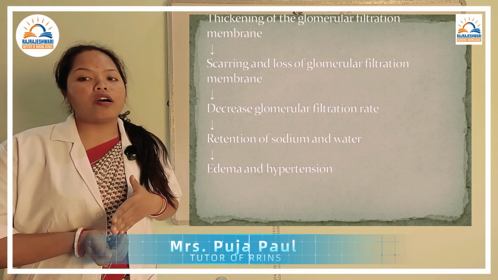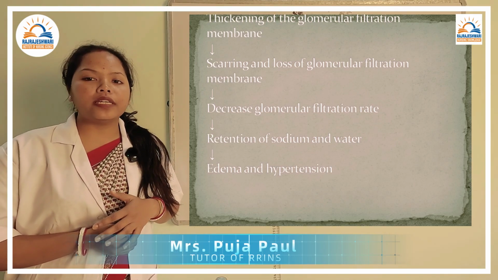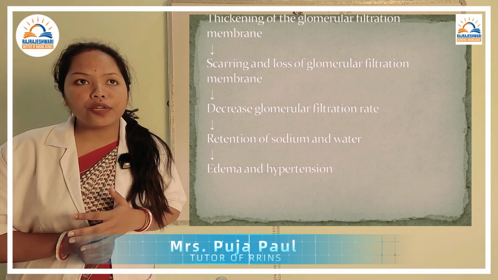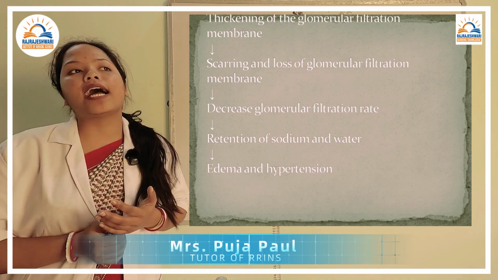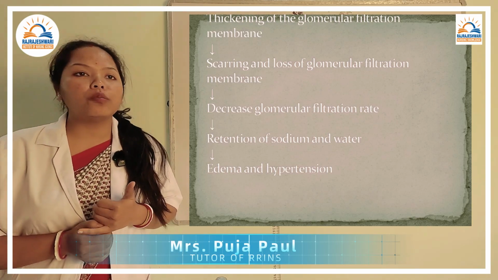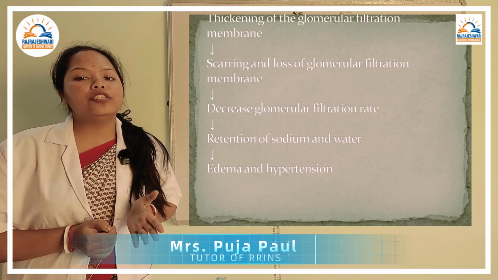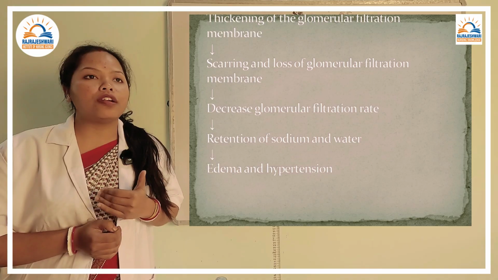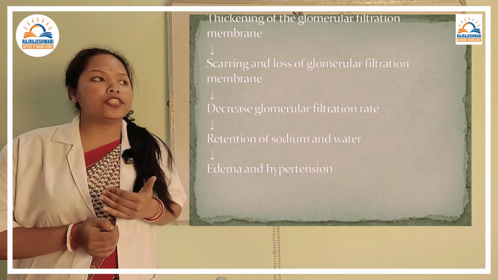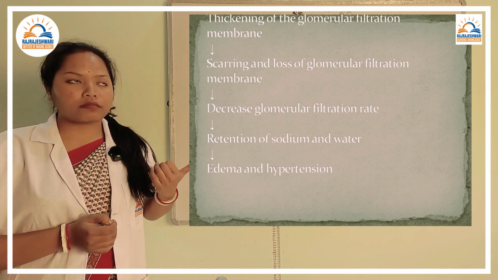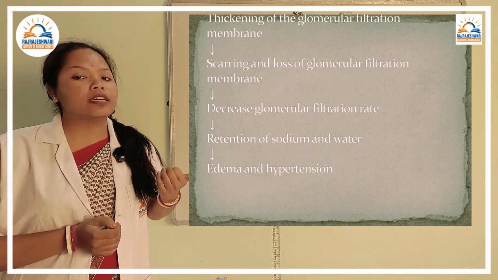Due to thickening of the glomerular filtration membrane, it can lead to scarring and loss of glomerular filtration membrane. Glomerular scarring is known as glomerulosclerosis, and due to glomerulosclerosis and loss of function of glomerular filtration membrane, it can lead to decreased GFR, that is decreased glomerular filtration rate.